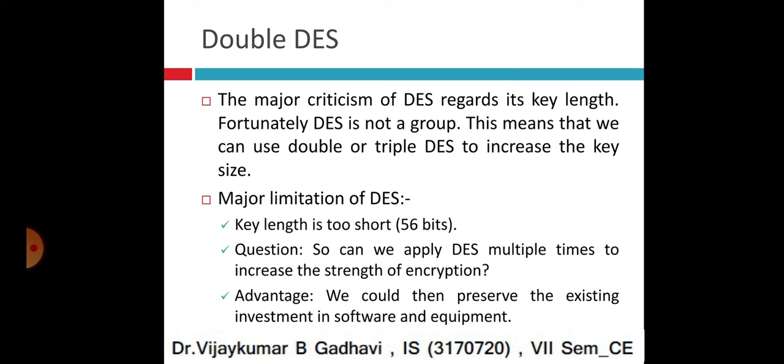The major limitation of DES is that the key length is too short. But a question arises: can we apply DES multiple times to increase the strength of encryption? Advantage: we could then preserve the existing investment in software and equipment. This is all about the basics of double DES.